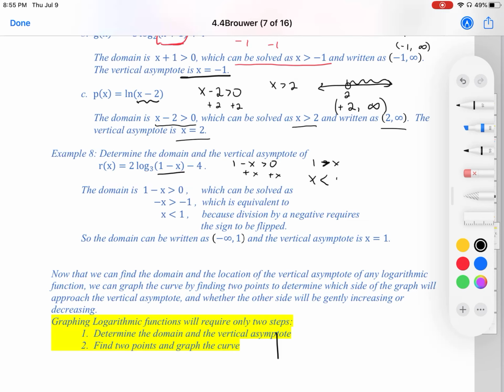So x is less than 1. We draw a number line at 1, and it's smaller than. So our domain is negative infinity to 1, and the vertical asymptote is x equals 1.